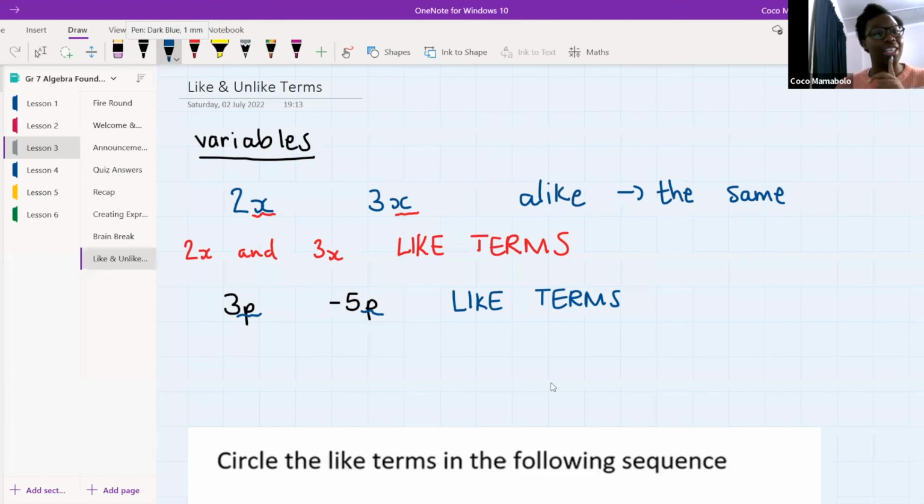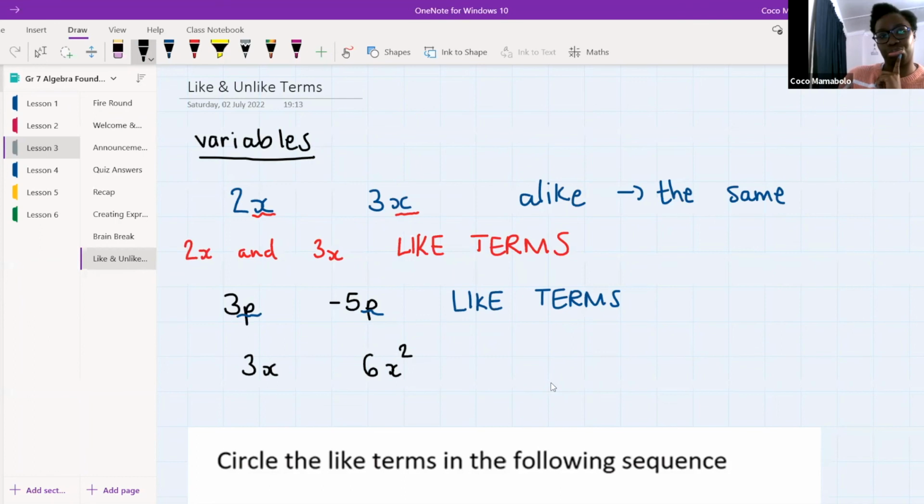Now I want to ask you guys something else. If I have 3x and 6x squared, Diso, are these two like terms?